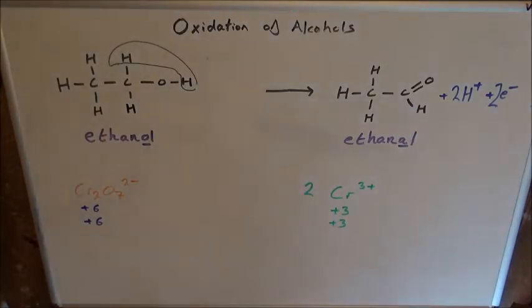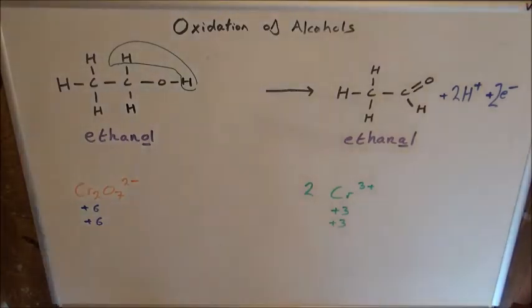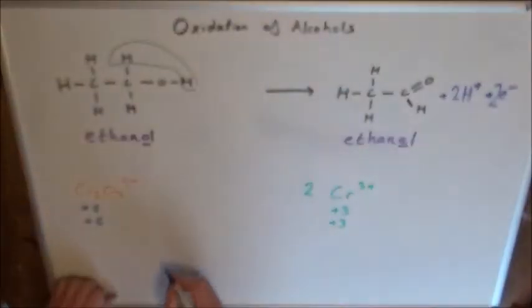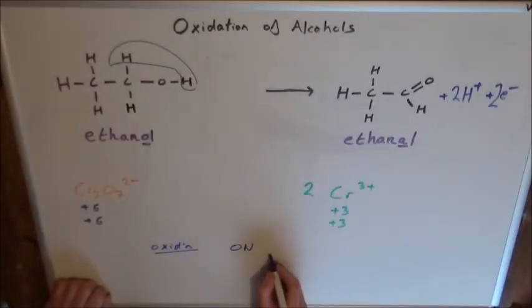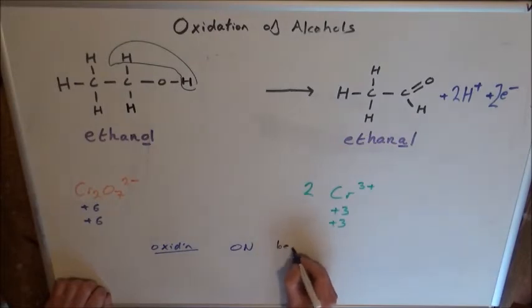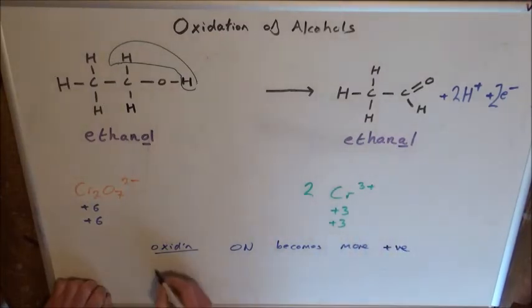Reduction is always when the oxidation number becomes less positive, and oxidation is when the oxidation number becomes more positive. That's the way to remember it. Oxidation is when the oxidation number becomes more positive. It's moving in the positive direction.